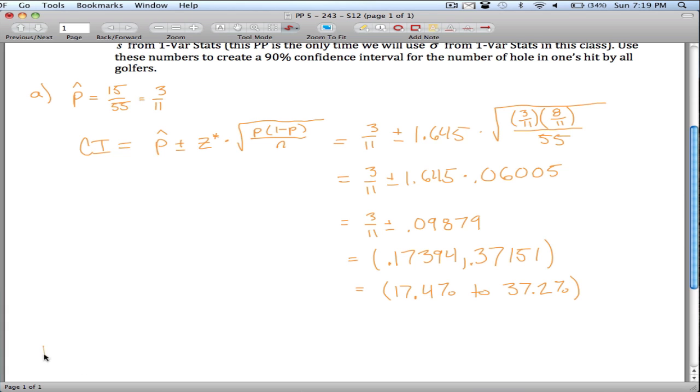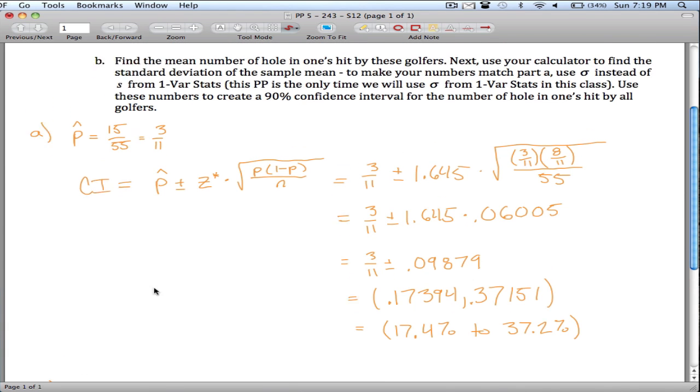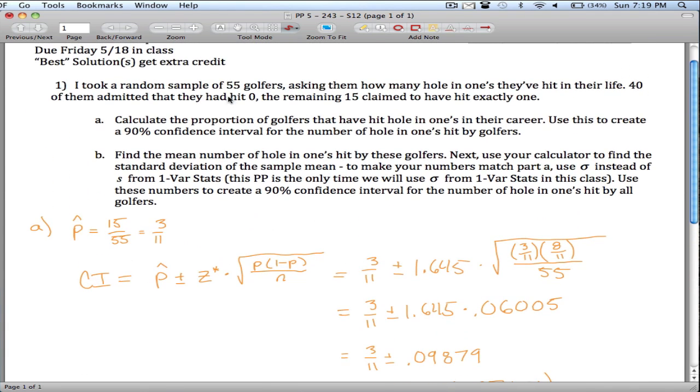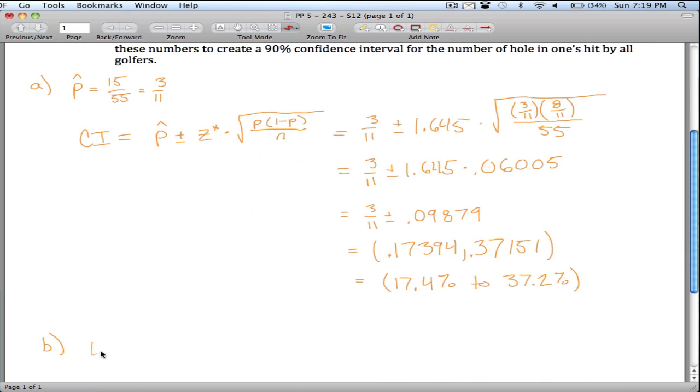So what I mean by that is we can put this information into a calculator. We got 40 zeros. So you go stat, edit, list, and put in a whole bunch of zeros, and then put in your ones.